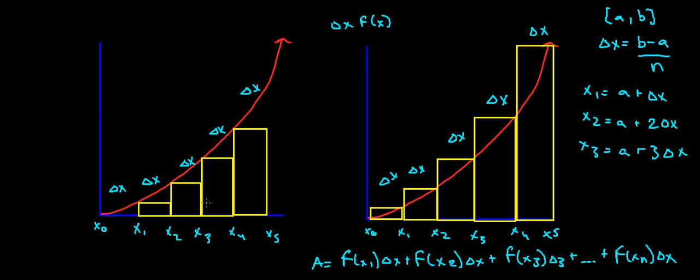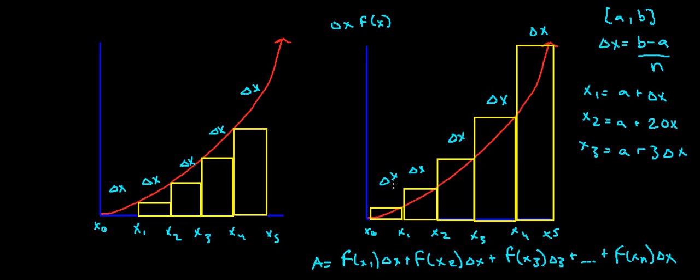Now, it's obvious to see that these are not perfect areas, because for this side, I'm underestimating it by these triangles, and this side I'm overestimating it by the same triangle.